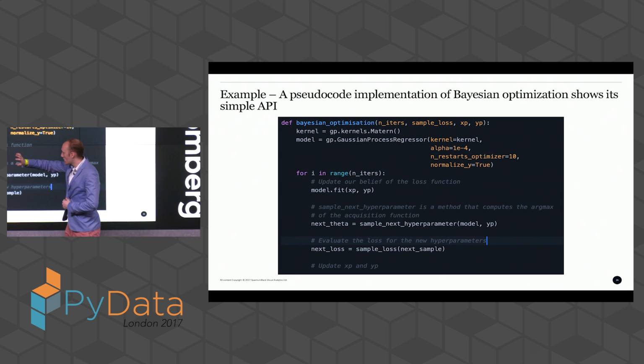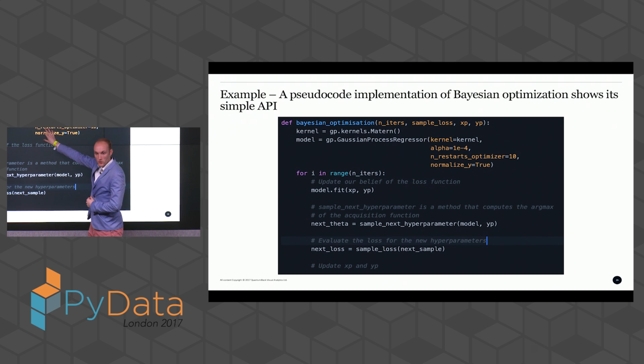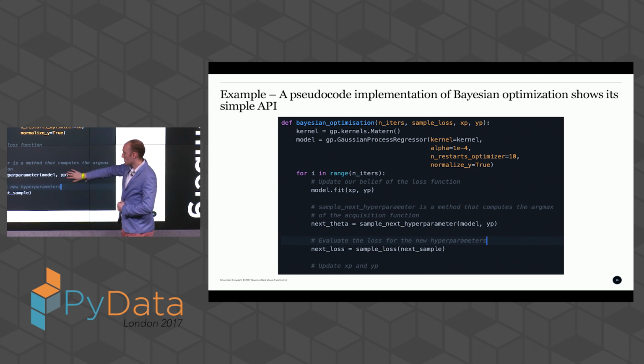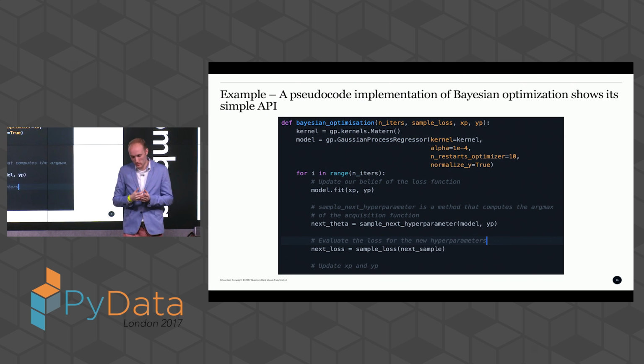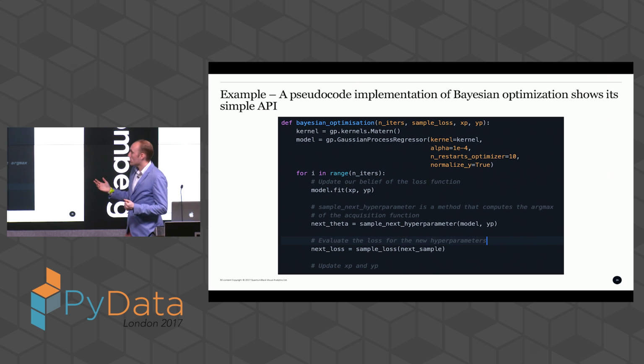We update our current beliefs by calling model.fit. Then we determine the next best value. The next theta is just a function that takes the argmax of this expected improvement acquisition function. Then you can sample the loss and then iterate, iterate, and iterate.